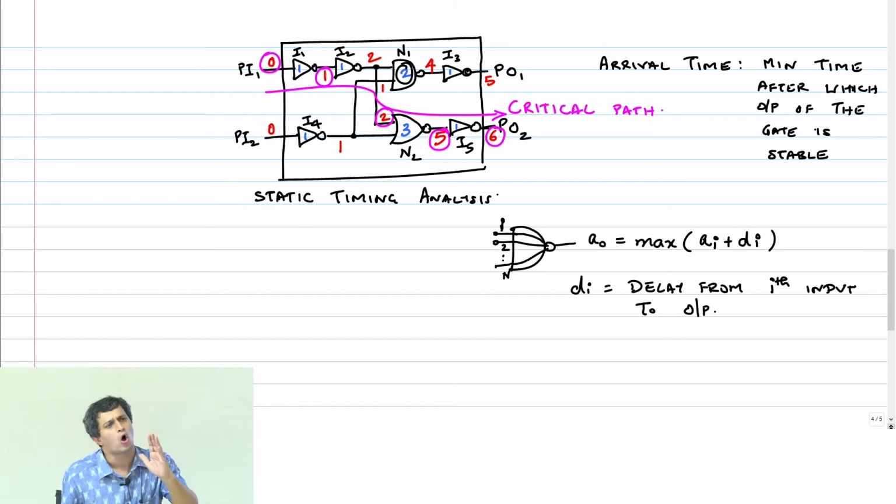We are considering all possible combinations of input variations and ensuring that the output in the worst case does not exceed some particular time. So here, for example, it might be possible that a particular path that we have marked here may not even be realizable in hardware. In the sense, that pathway may never get activated because of certain input combinations. But still we are considering the worst case delay there.